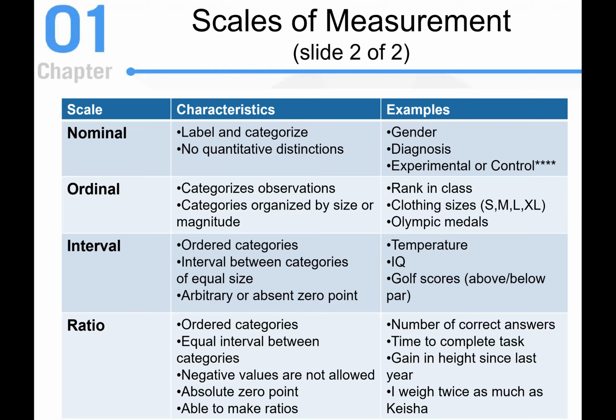And so a really important part of the ratio scale of measurement is the ability to make ratios. So what is a ratio? A ratio is going to indicate how many times one number contains another. For example, the ratio of men's jobs to women's is 8-1.